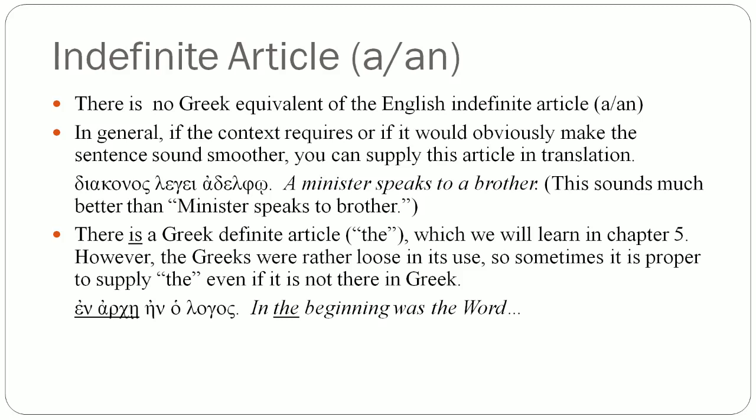And then adelpho. That iota subscript there is a dead giveaway that you're dealing with a dative singular word here. Okay. And adelpho comes from the word adelphos, which means brother. Translation of this then: a minister, diakonos, speaks to a brother, adelpho.